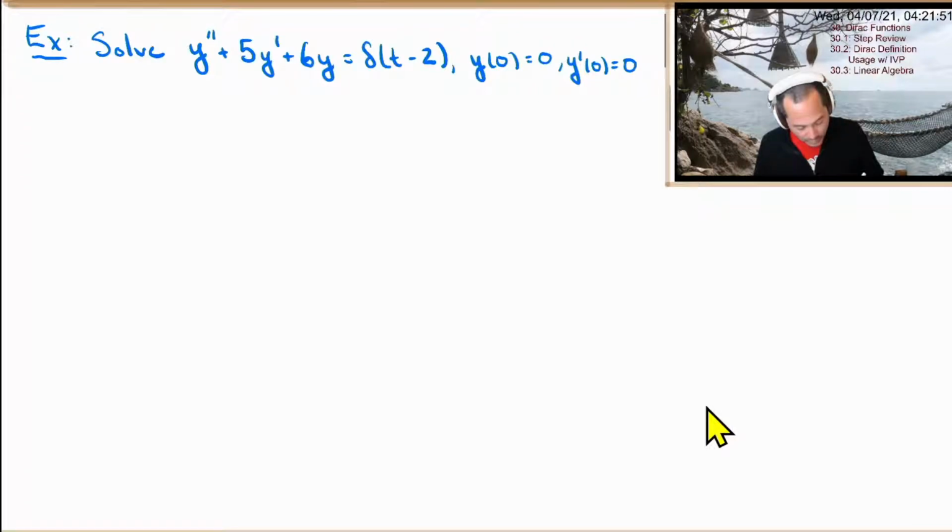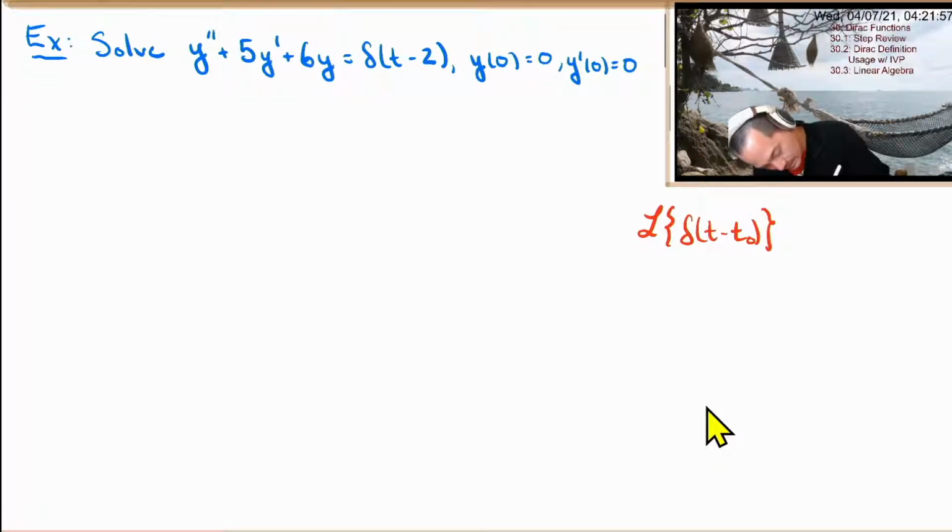What we want to know now is what is the Laplace transform of this delta? Well, that is equal to the integral from 0 to infinity of delta t minus t naught, the thing I'm transforming, times e to the negative st dt.